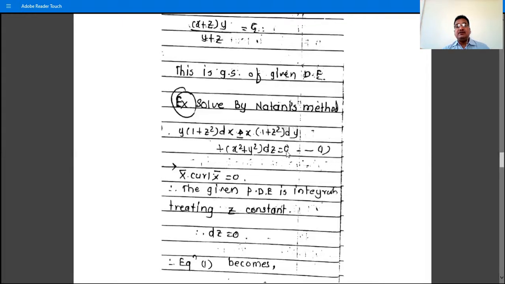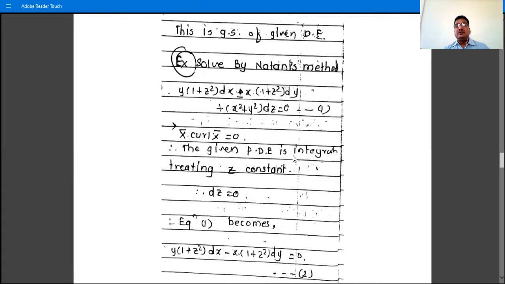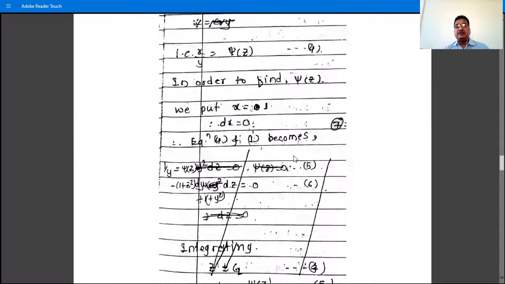Therefore we have the answer tan⁻¹(y/x) + tan⁻¹ z = constant of integration, suppose tan⁻¹ c.